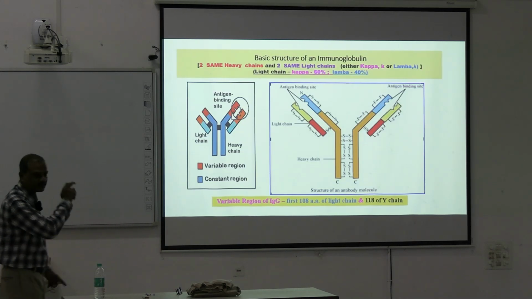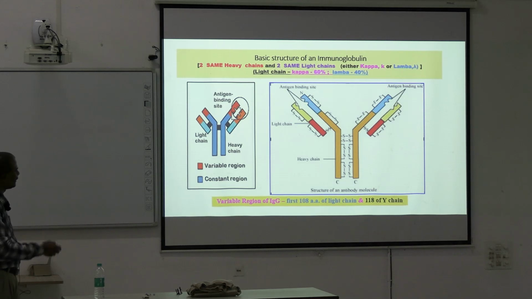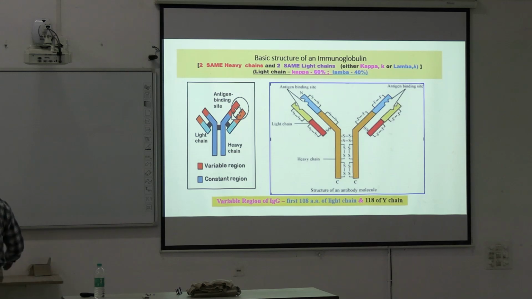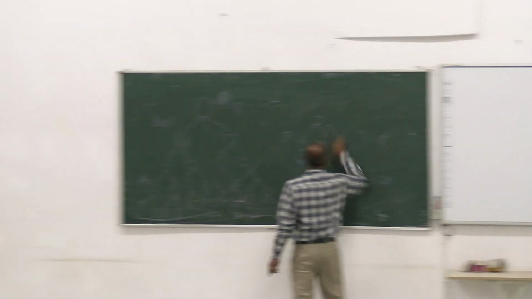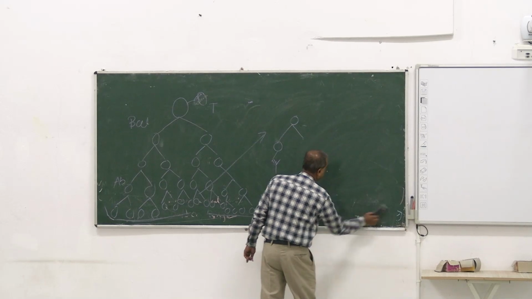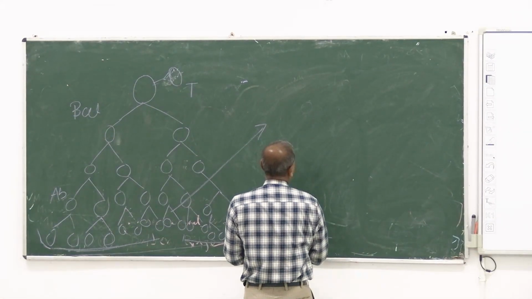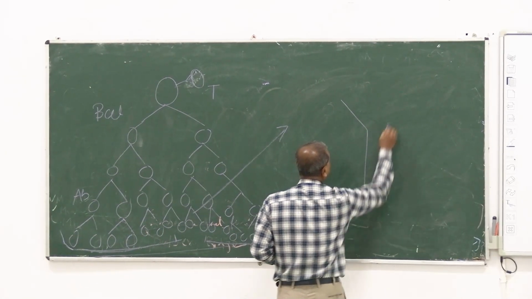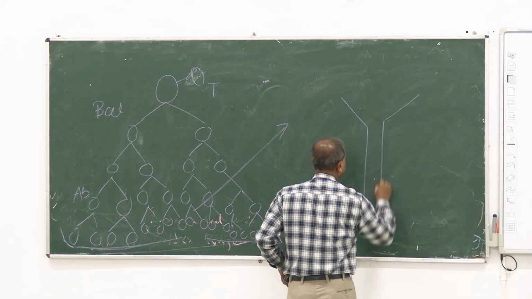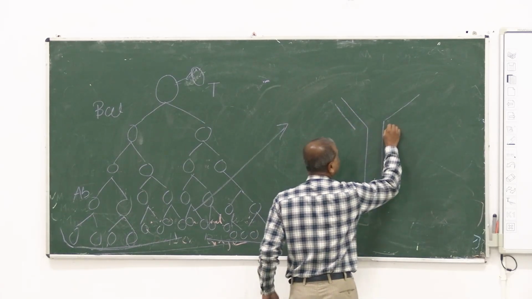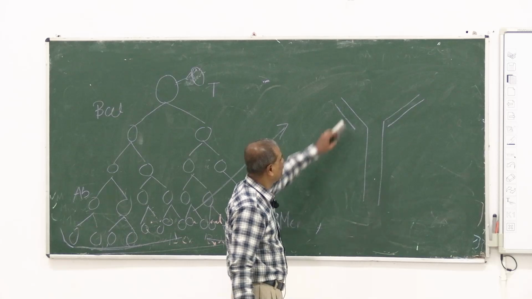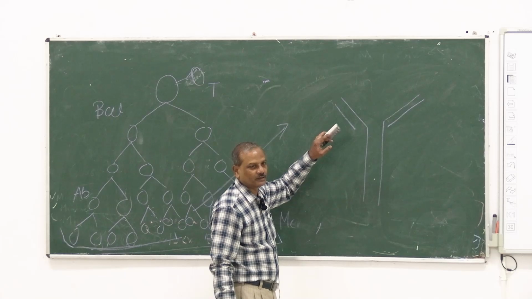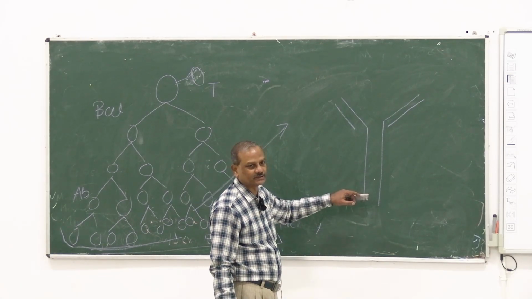So what is the basic structure? Again, I will tell you more in the antibody class, for understanding at this stage. You see, it is just like a Y-shaped structure. Each and every point I will tell once more. It has a heavy chain and a light chain, so note down: there are 2 heavy chains and 2 light chains.